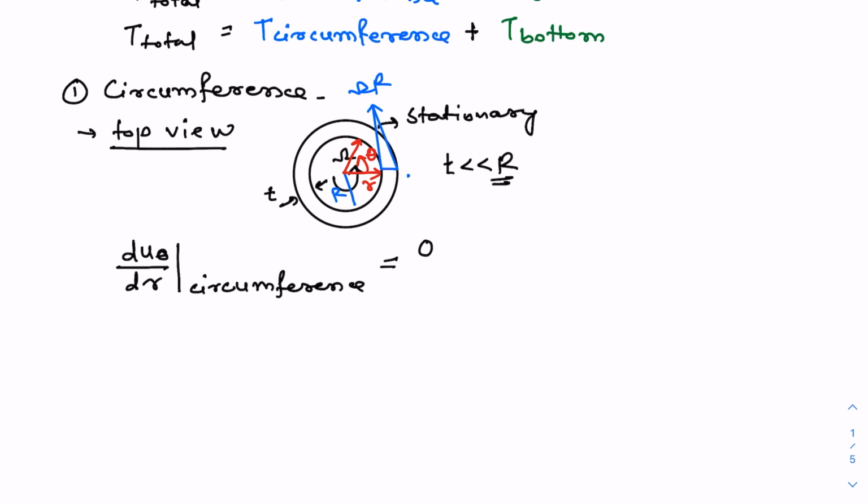So this gradient comes out to be 0 minus r omega upon r plus t minus r. So this is the velocity at the outer cylinder, and this is the radius of the outer cylinder. This is the velocity at the inner cylinder and radius of the inner cylinder. This comes out to be minus r omega by t.